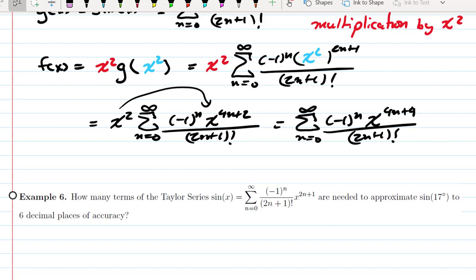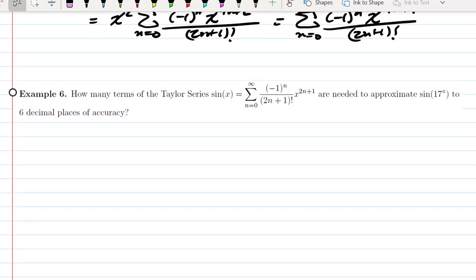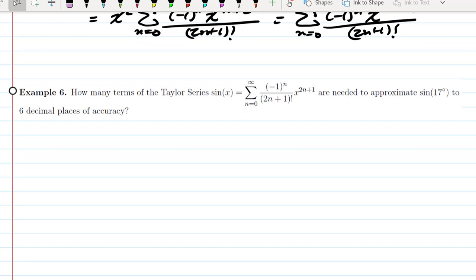So we're going to want to use Taylor's remainder theorem, but we need to remember we always have to have things in radians. So the first thing we need to do is convert 17 degrees to radians.